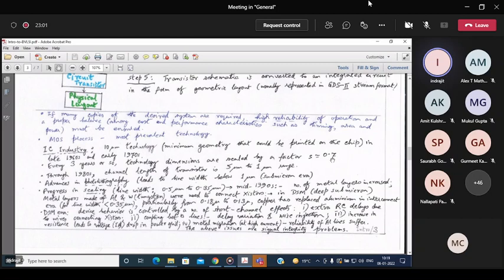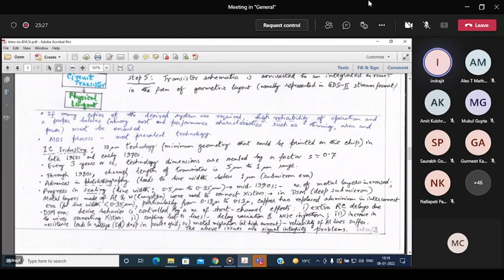That means if today you are able to accommodate a huge amount of circuitry within say 1 micrometer by 1 micrometer, after 2 or 3 years you can house it within 0.7 micrometer by 0.7 micrometer. This is the normal trend that has been observed in the progress of fabrication technology.